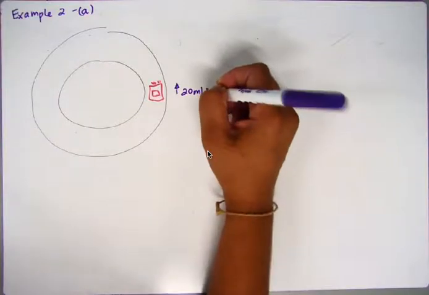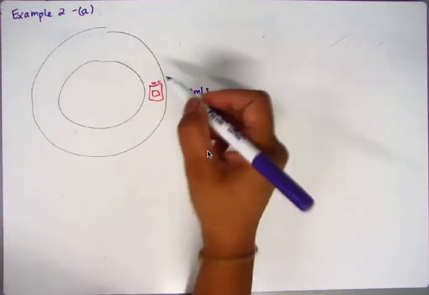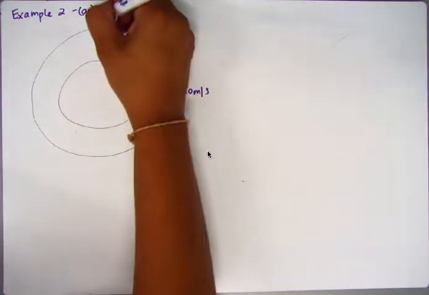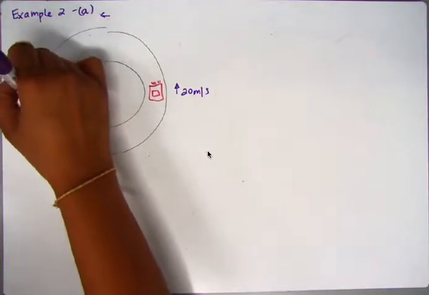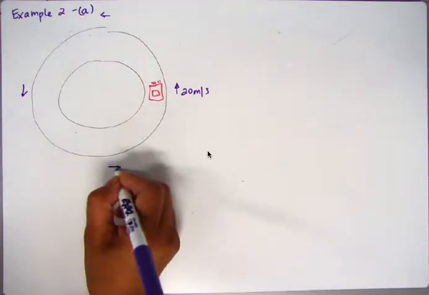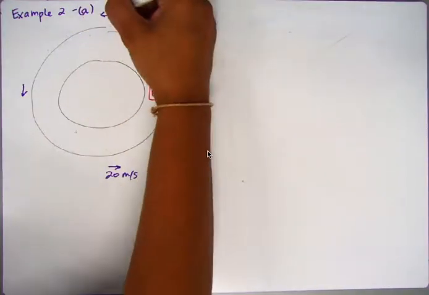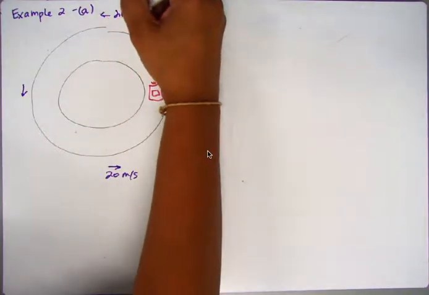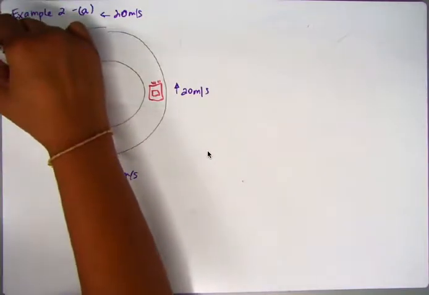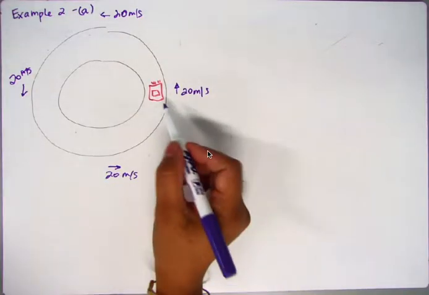As it goes around the curve, the direction this arrow points is always changing. It's always tangent to the circle, and always changing, but it's always 20 meters per second. So wherever it is, it's the same. Okay, so that's what the car is doing.